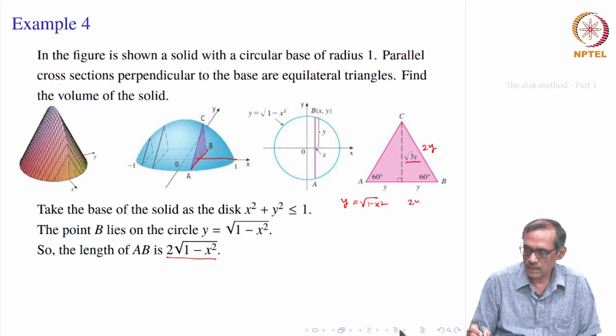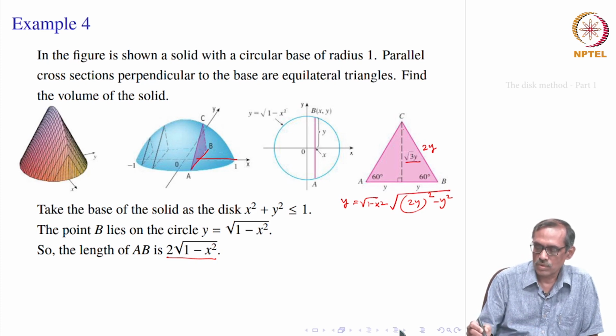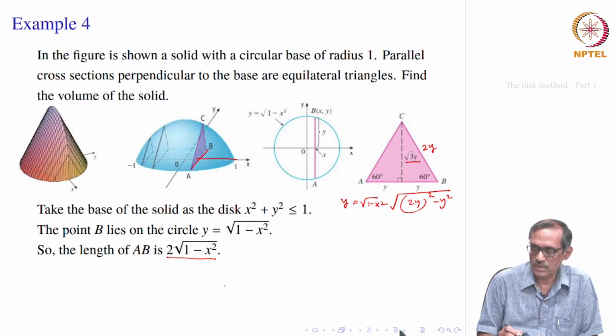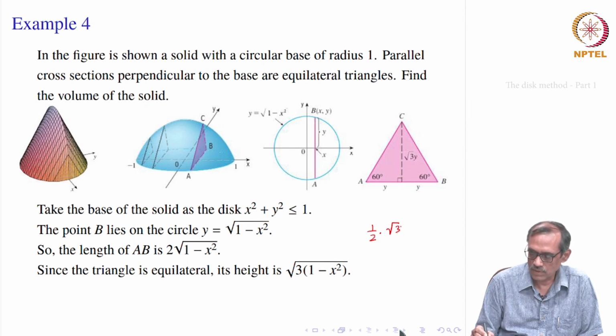So, it is square root of 2y square minus y square, that is equal to root 3 times y. So, the perpendicular is root 3 times y, hence the area of triangle ABC we can find out now, which is half root 3 y into 2y, right.